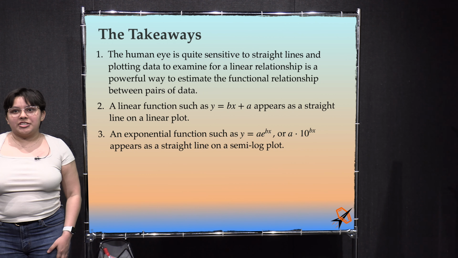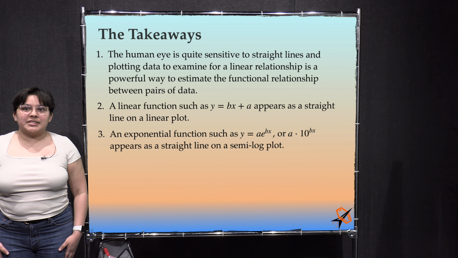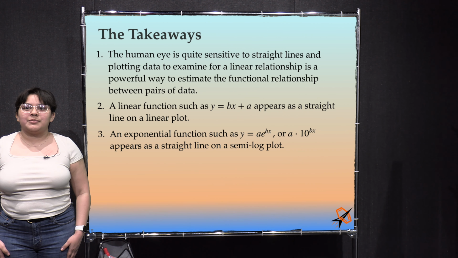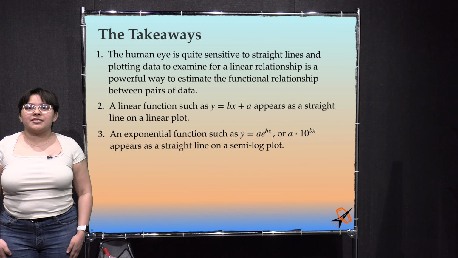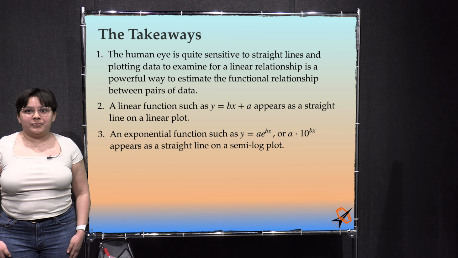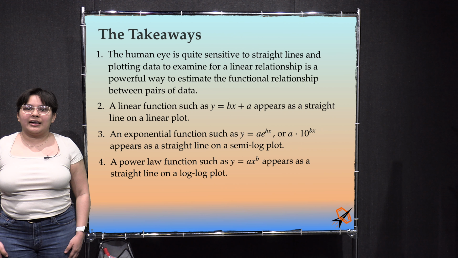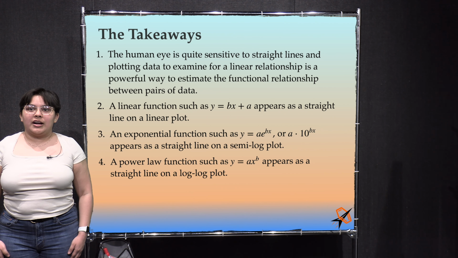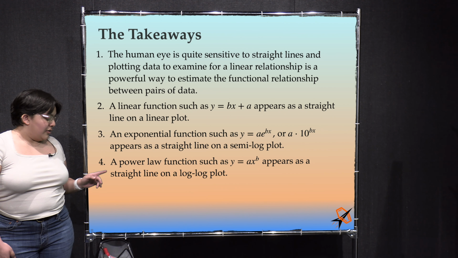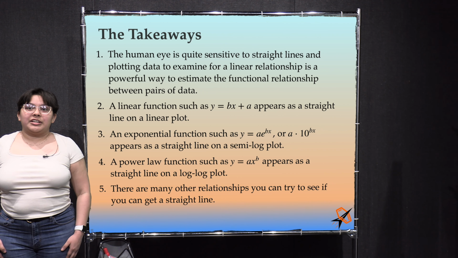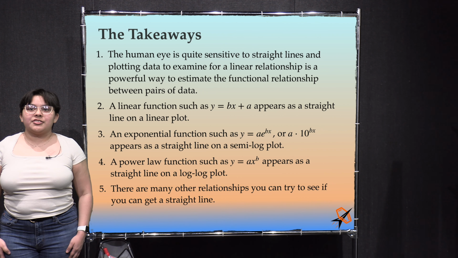An exponential function such as y equals a times e to the bx or a times 10 to the bx appears as a straight line on a semilog plot. 4. A power law function such as y equals ax to the b appears as a straight line on a log-log plot. 5. There are many other relationships you can try to see if you can get a straight line.